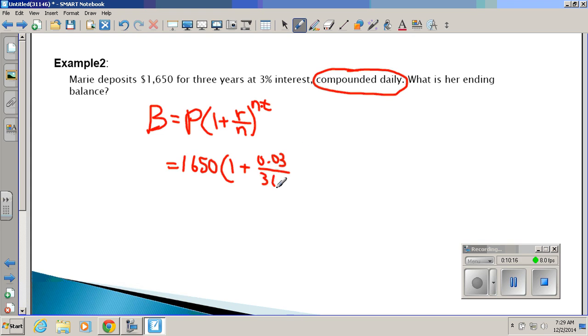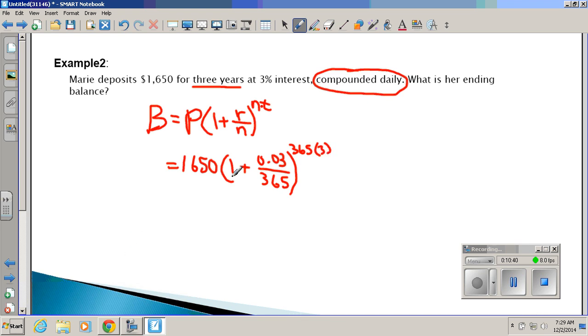It's 365 days in a year, not including leap year. N, again, number of times a year, so that's 365. And then T is the time in years that this is going to be compounded, and it says 3 years, so that's my T, so times 3.